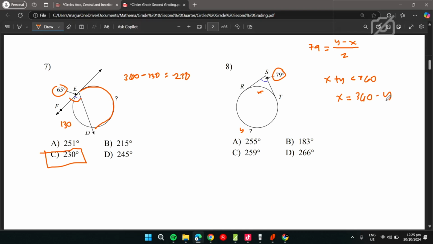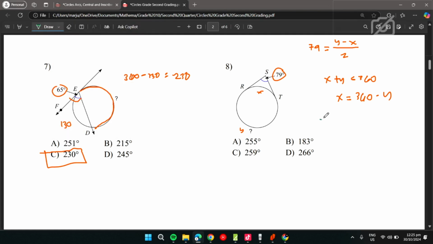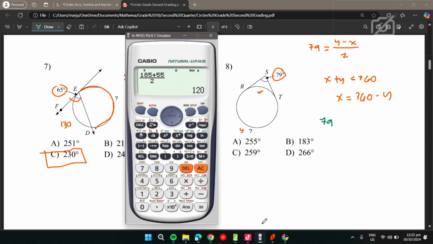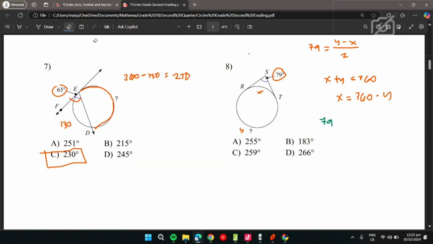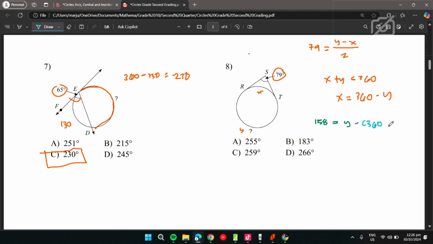Alright? So let's try. So meron ako ditong 79. What's 79 times 2? 79 times 2. That's 158. Sige. So 158 is equal to Y minus, ano yung X natin? Yung X natin is actually 360 minus Y. So distribute lang natin.